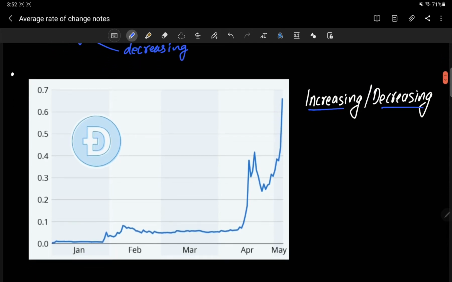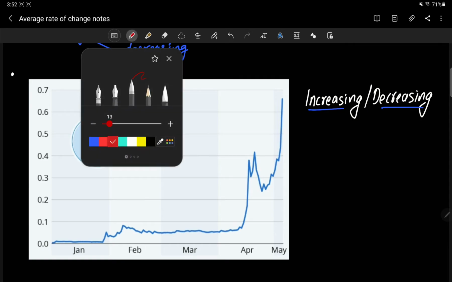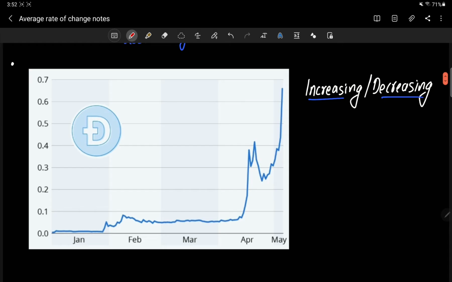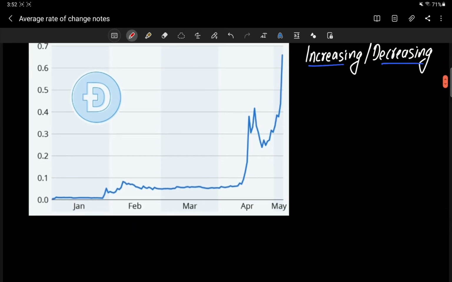For example, you can pause the video here and try to identify on this graph when the function has no change, when it is increasing, and when it is decreasing, roughly. Hopefully you looked at that. In the period of January here, there's roughly no change.